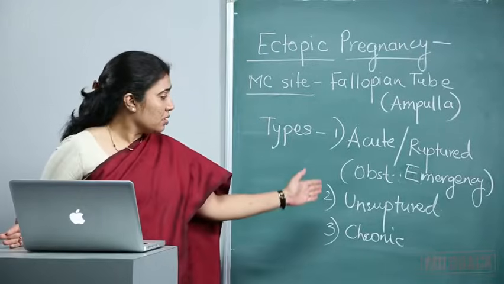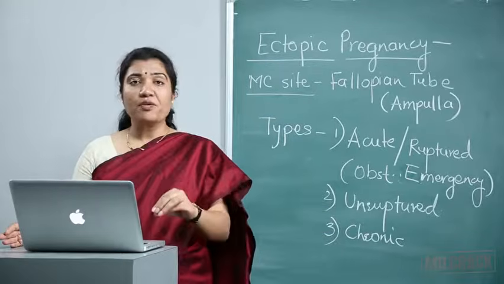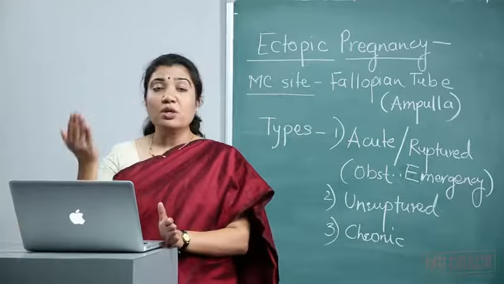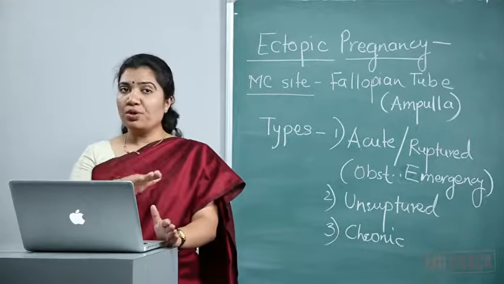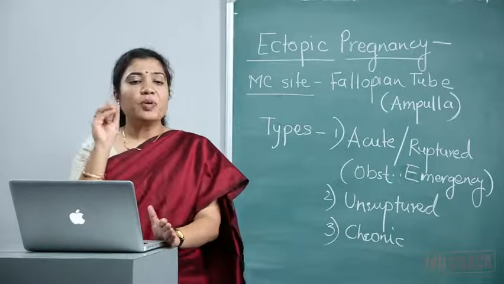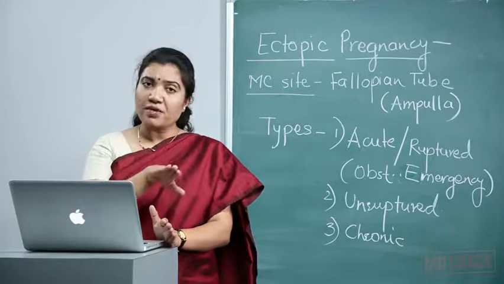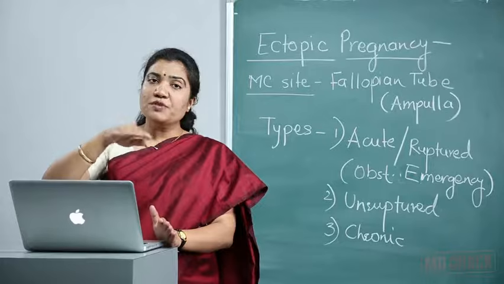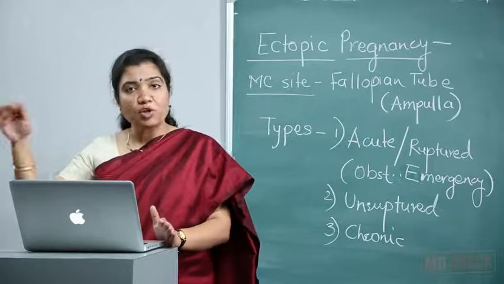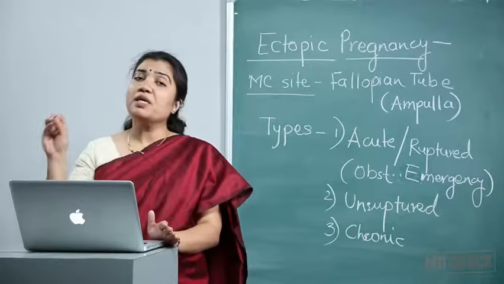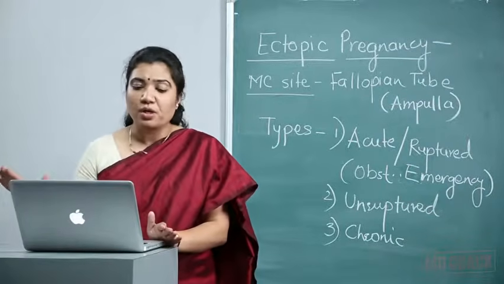In chronic or unruptured, we can have serum beta-hCG levels. The concentration would be lower, meaning if the pregnancy is of 5 weeks or 6 weeks and if it is in the uterine cavity, naturally beta-hCG levels would be high. But if it is ectopic pregnancy, for those weeks of gestation, the beta-hCG levels are lower.